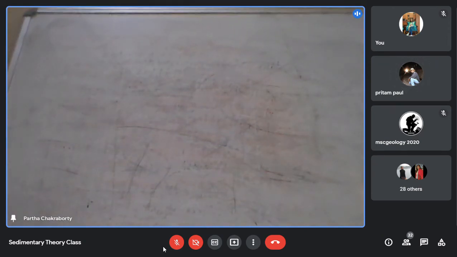We do not know the temperature of the Precambrian ocean. We do not know the pH of the Precambrian ocean. Both functions can be equally operative, or one can be overriding the other. All these possibilities are there in the Precambrian. Who knows? That is why people are doing active research on chert in the entire world.